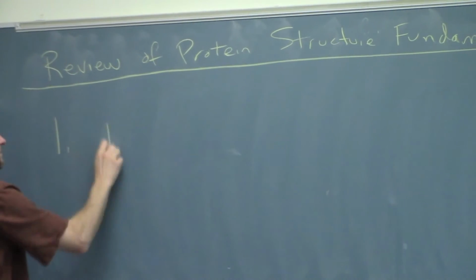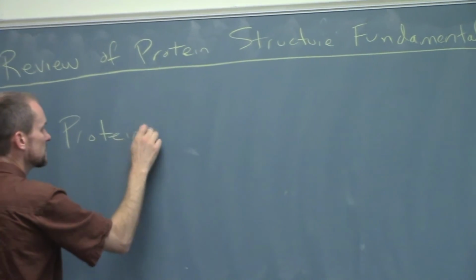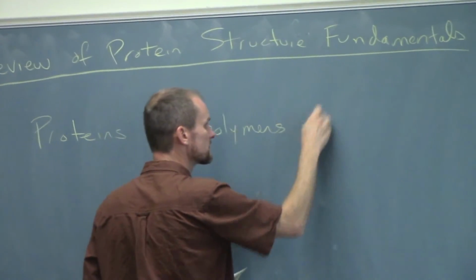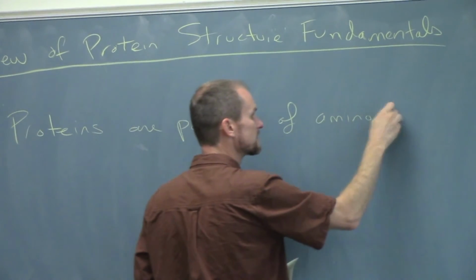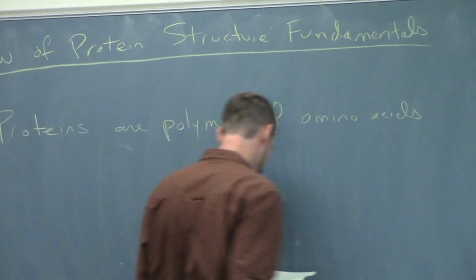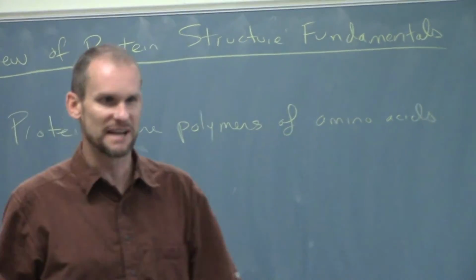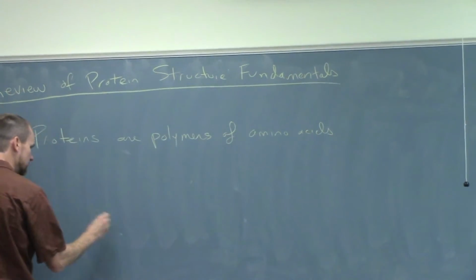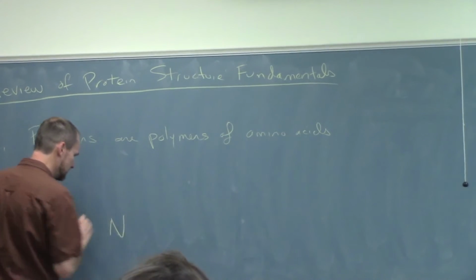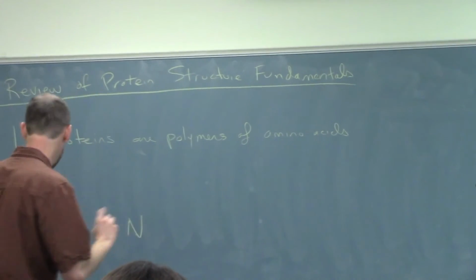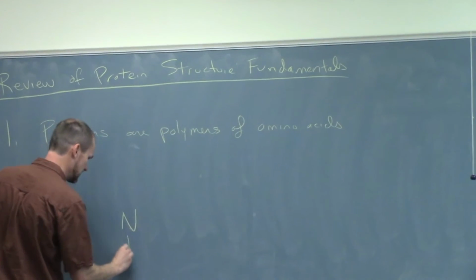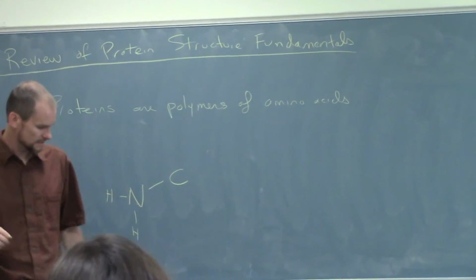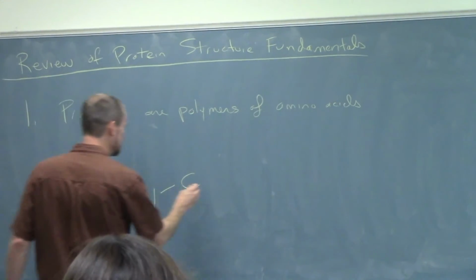Right. So proteins: polymers, amino acids. Everybody knows what an amino acid is, right? We've seen this probably since high school. We have the amine, which is a nitrogen. Nitrogen will have a couple protons. It'll have an alpha carbon, the so-called alpha carbon.